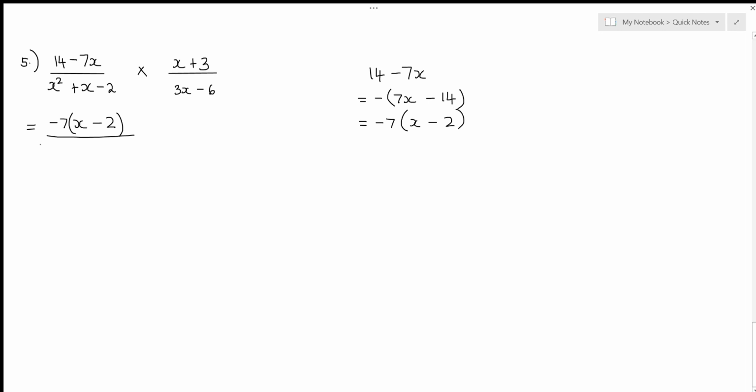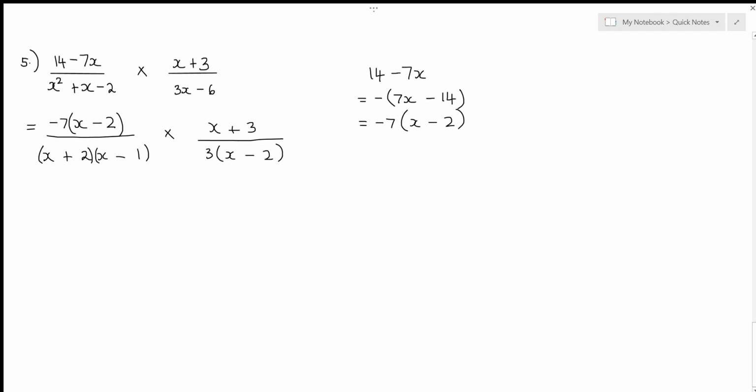Okay, and then our numerator, we will have x and x. And we can only have 2 times 1 because it's only 2 times 1 that can give you 2. And so because my middle term is a positive, I'm going to have a positive with the bigger number, negative with the smaller number, times x plus 3 over, and my denominator here, my common factor is going to be 3, and I'm going to get left with x minus 2.